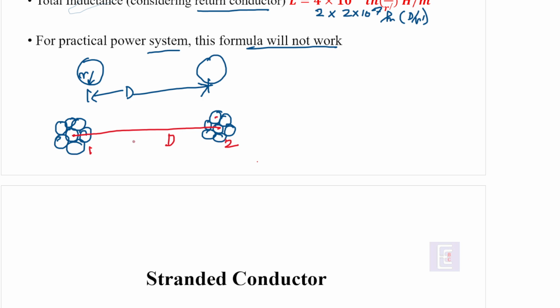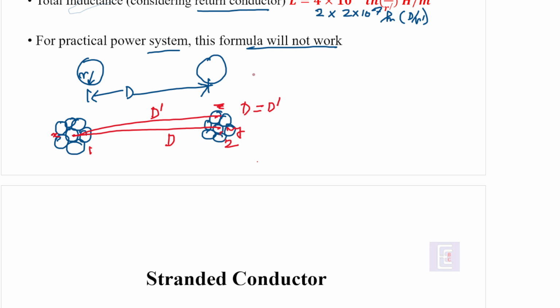Let me say this point is x, this point is z, and this point is y. So the distance from x to y is d, and the distance from x to z is d dash. So d and d dash are not equal.